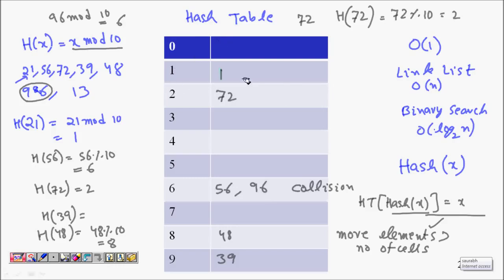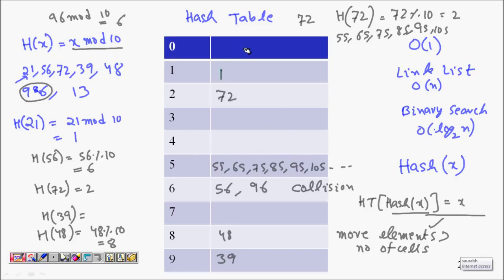For example, if I have numbers which are just multiples of some number, like 55, 65, 75, 85, 95, 105, then 55 mod 10 is 5, so 55 will come here, and 65, 75, 85, 95, 105 all get hashed to the same cell.